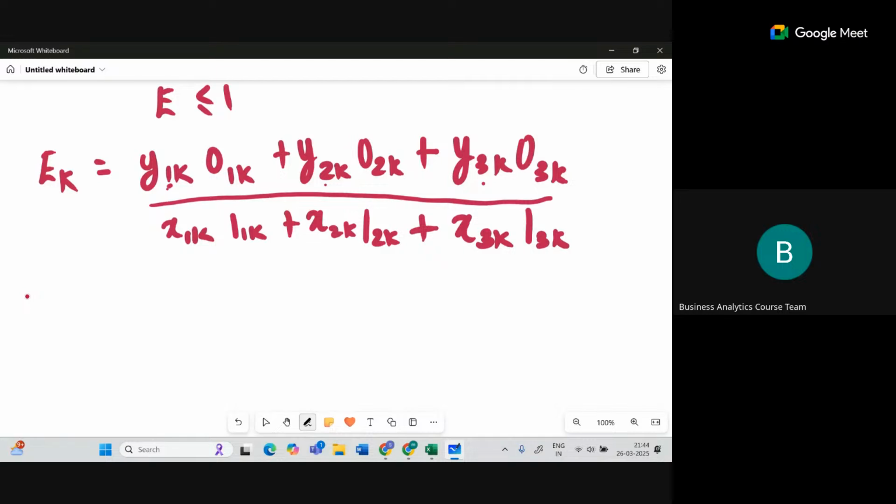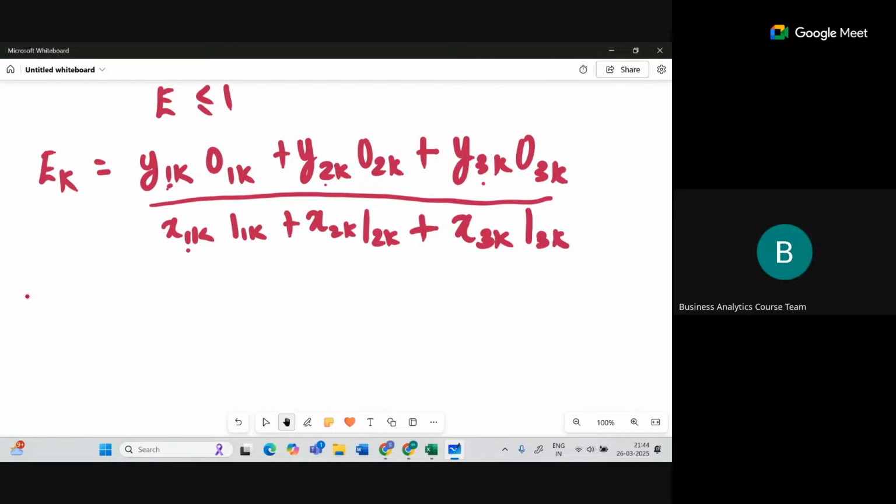Similarly, X1 is the weight of the first input and X2 is the weight of the second input. K refers to the DMU, 1 refers to the first output here, and here 1 refers to the input. That's all.